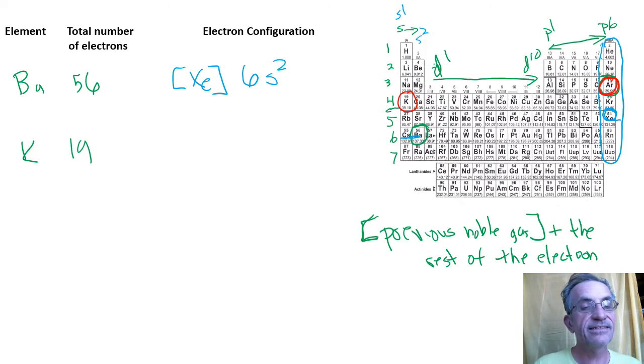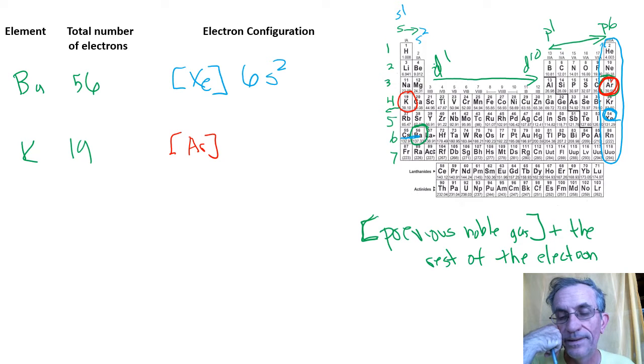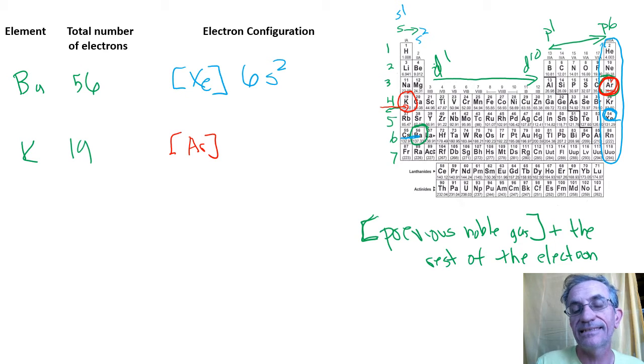So it's going to be argon followed by, so instead of writing 1s2, 2s2, 2p6, all that stuff, I just say it's argon and then anything that follows it. So what are we going through in that area? From argon, we've got to get to 19. That would be in the fourth row and in the S1 column, so 4s1.